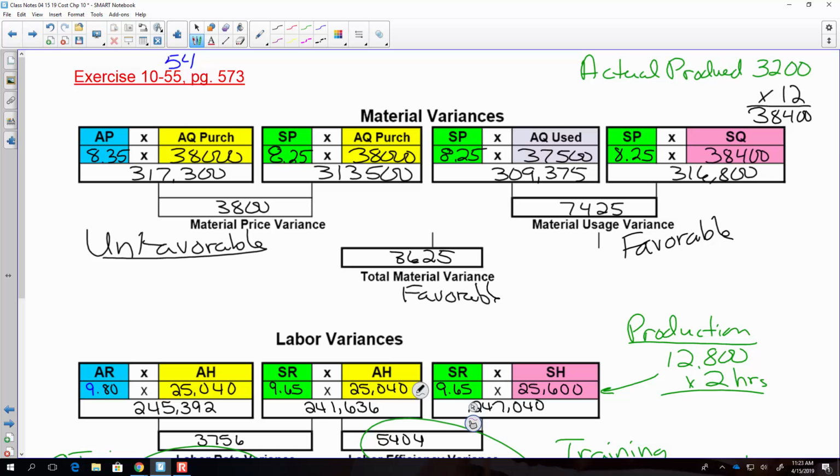Here again, production looked like they did pretty well, right? Purchasing, not so well. But remember, when we set the standards, we usually set them at the start of the year, so some things we just cannot plan. Something might have happened to the external price that we weren't counting on.